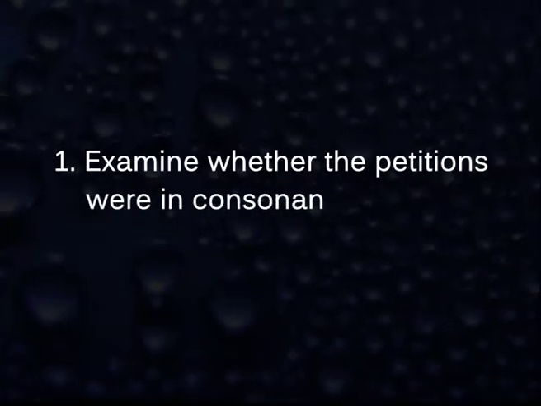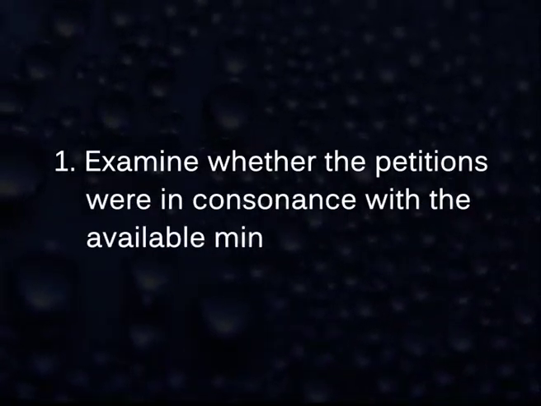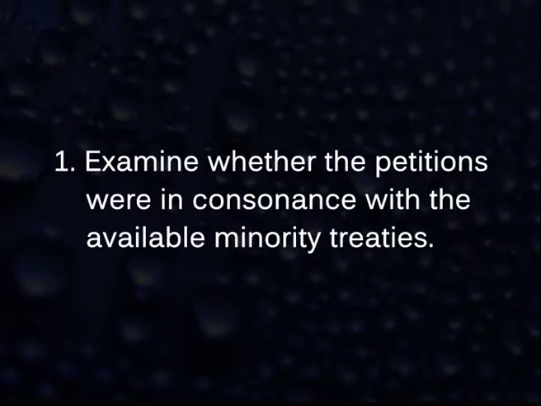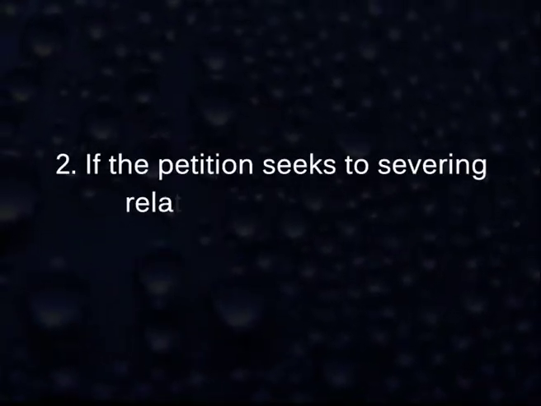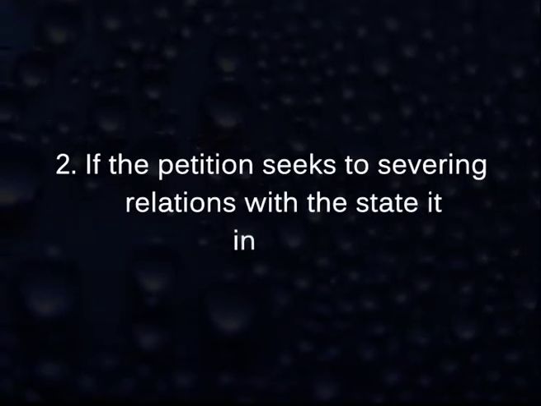The League system entrusted the minority section with the responsibility to analyze the petitions with the following concerns. Number 1, examine whether the petitions were in consonance with the available minority treaties. Number 2, whether the petition sought severing relations with the state it inhabits.